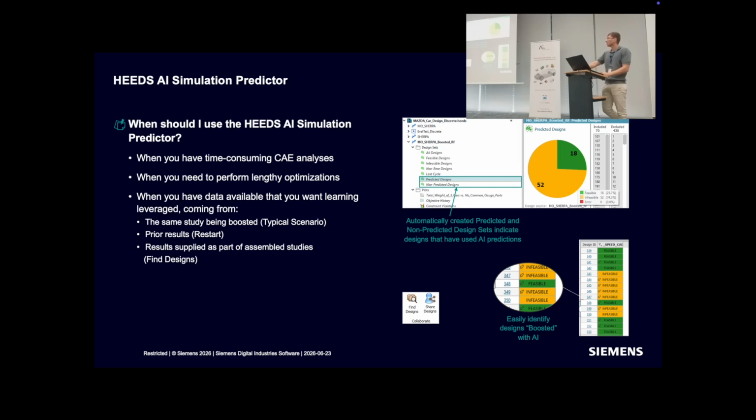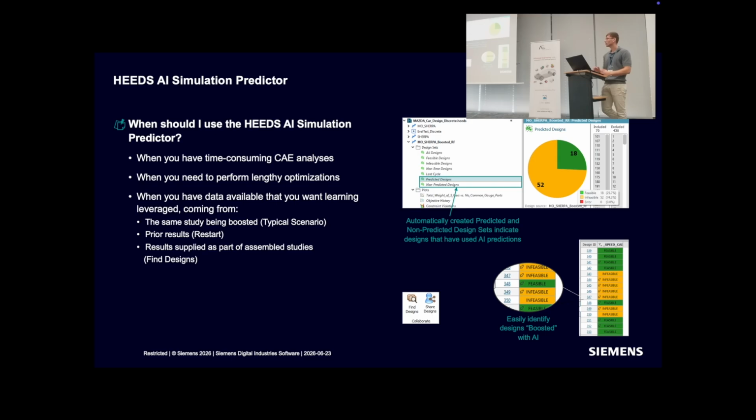When we have time-consuming CFD analysis, or when our design space is vast with many parameters, meaning we will have many design iterations and a very long optimization, we can use the HIDS AI simulation predictor.